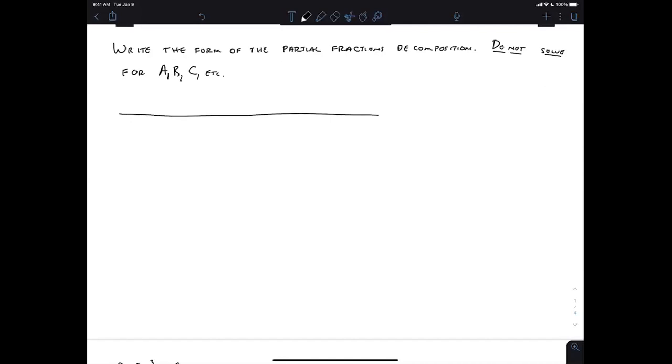So we have, say, 2 over x to the third times 5x minus 1 times 3x plus 1 squared times 9x squared plus 16 times x squared plus 2x plus 5 to the third.